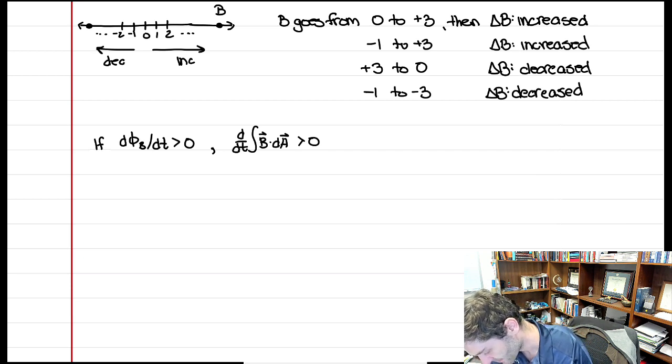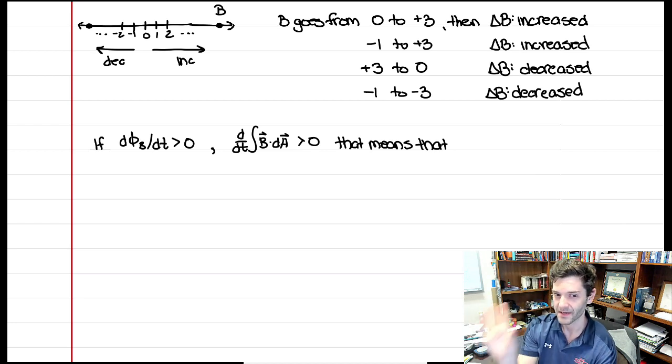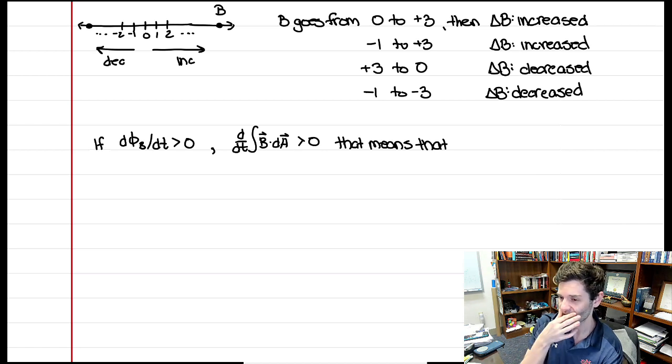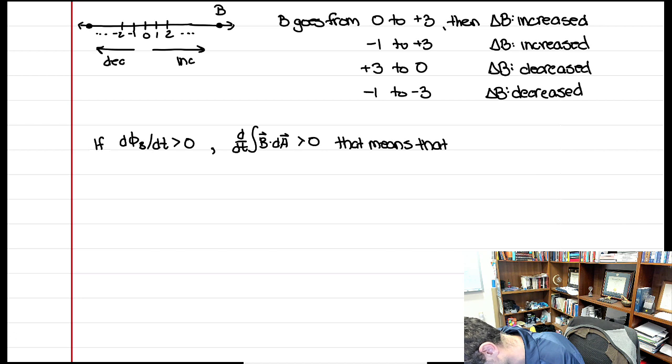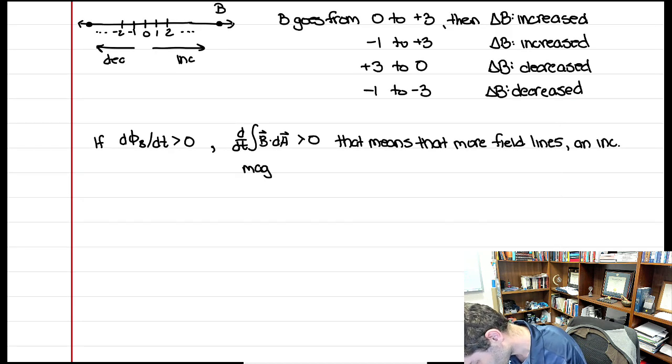By saying that the overall flux is increasing, again thinking of the number line going towards positive numbers, that means more parallel towards dA, more field lines, or an increased magnitude of the flux is happening in the same direction as dA.